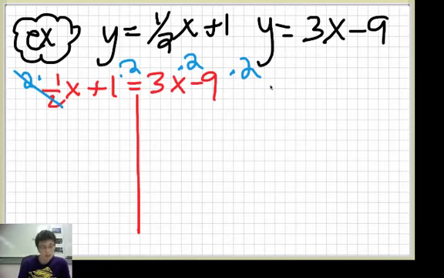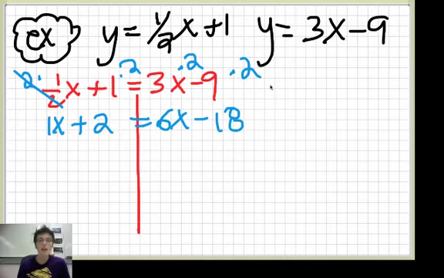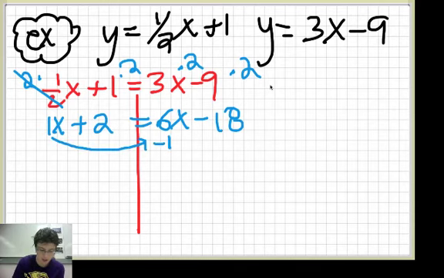It'll get rid of the fraction, so I just have a 1x. Plus, 1 times 2 is 2, and 3 times 2 is 6x, minus 9 times 2 is 18. And now I'm ready to solve. It'll be easy. I'm going to take the 1x, move it over, make it a negative 1x.